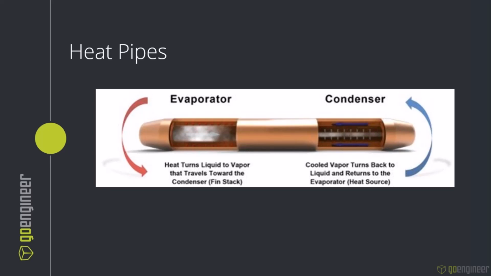This liquid, when it's heated, will produce vapor that moves to the cool end of the heat pipe. As it gets closer to the cool end, it cools and condenses back down into the porous media, and then that is transported back to the hot side as a liquid, and then it re-evaporates, and that cycle continues.